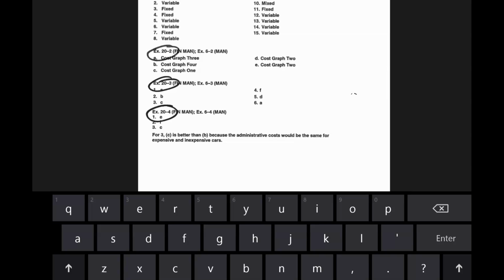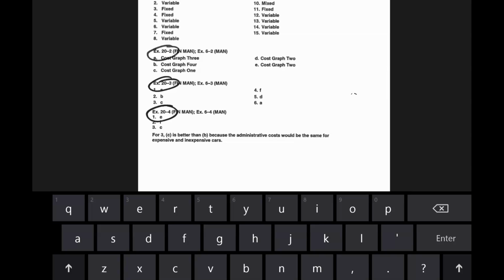Number 2, office supplies. Well, it doesn't really matter how much enrollment, but how many office supplies are probably going to be needed is letter B, number of students. Instructor salaries, of course, that's going to be driven by credit hours. Letter C. Housing personnel.